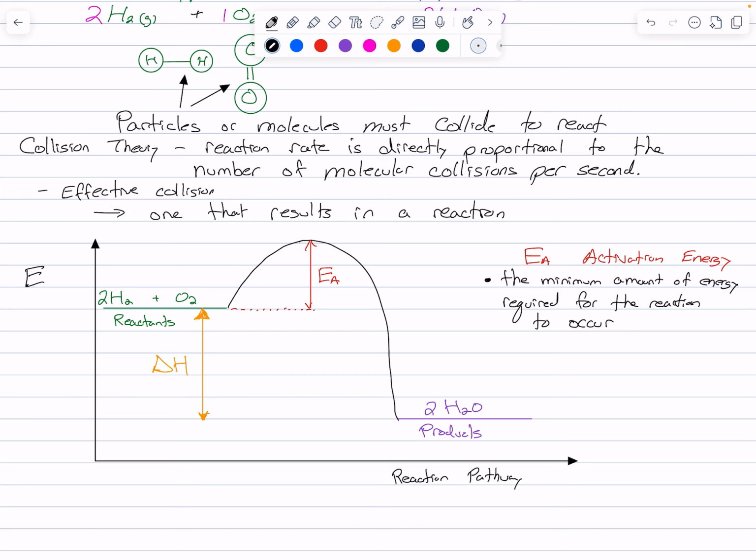All right. And so if you think about this, you'd have H bonded to H up here. You have O bonded to O up here. And up here, this is what we call the activated complex.